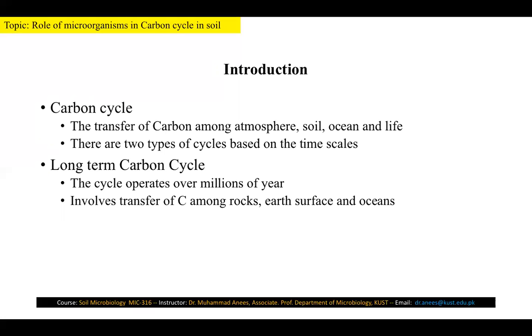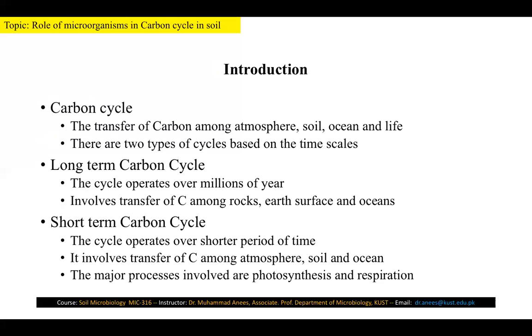Long-term carbon cycle means it takes over millions of years in converting carbon from the atmosphere to soil, to oceans, and back into the atmosphere. So to complete the cycle, it takes a very long time, because it involves transfer of carbon among rocks, earth surface, and oceans.